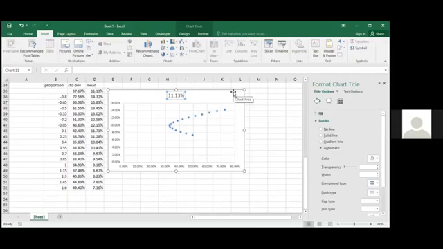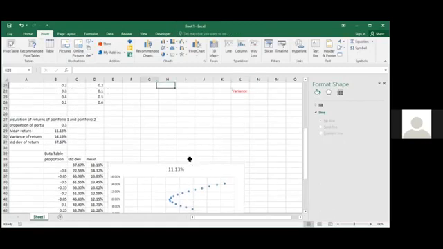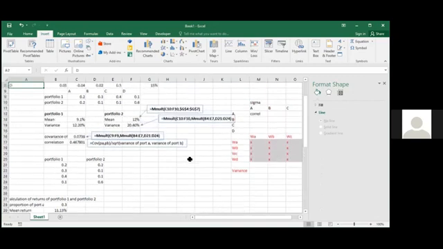So this is similar with the two asset case. If you know this process or if you are interested, you can redo that.